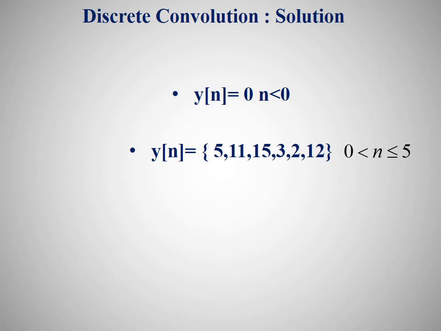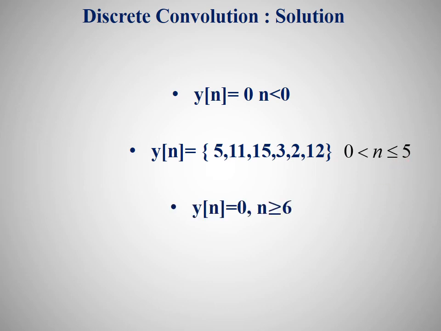Similarly, at n equal to 0 it is 5, at n equal to 1 it is 11, at n equal to 2 it is 15, at n equal to 3 it is 3, at n equal to 4 it is 2, and at n equal to 5 it is 12. That means we got finite values of y of n between 0 and 5.